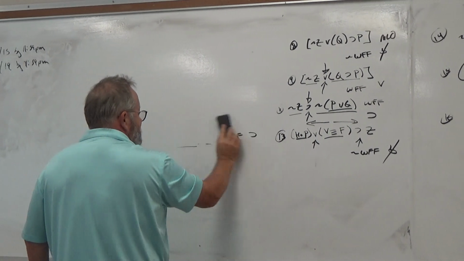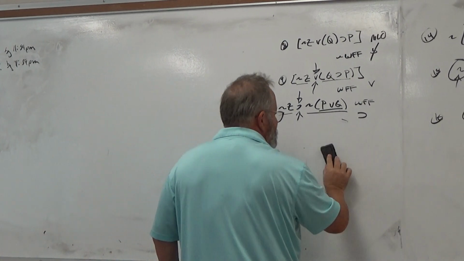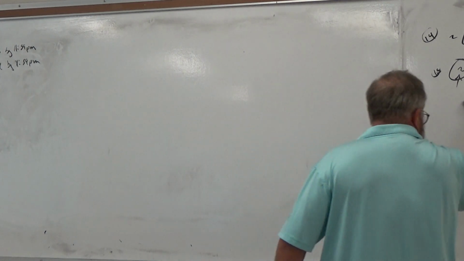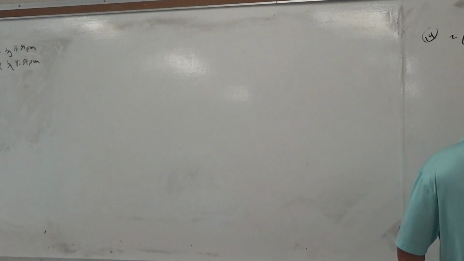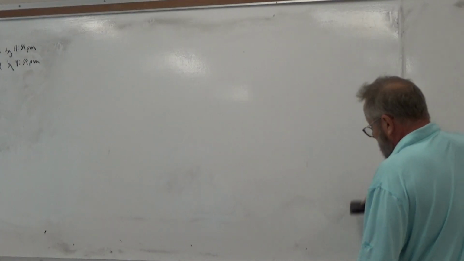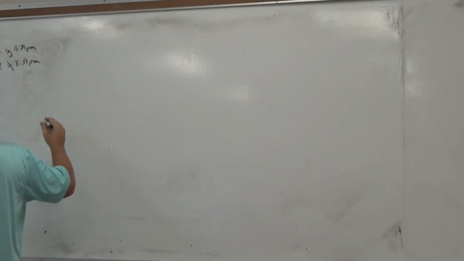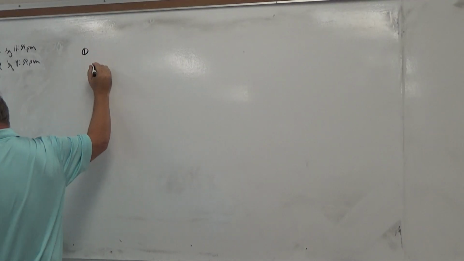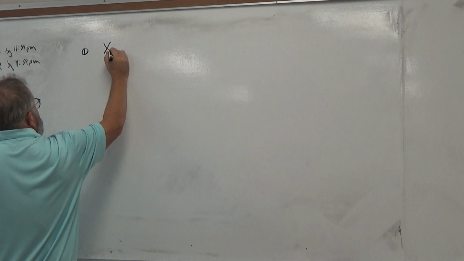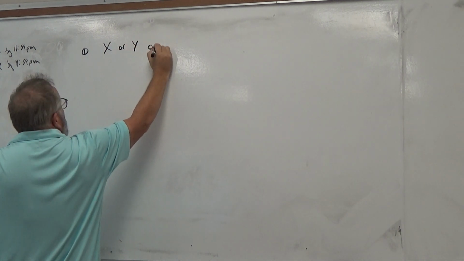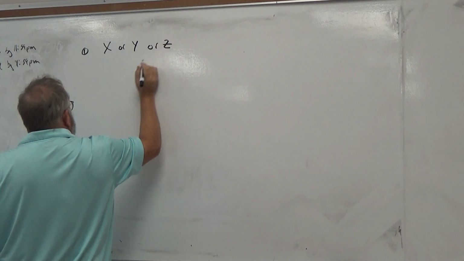They've taken the sentence and put in statement constants, and they've left all of the logical operators intact, and we just have to do the last step. So on number 1, we have X or Y or Z. Okay.